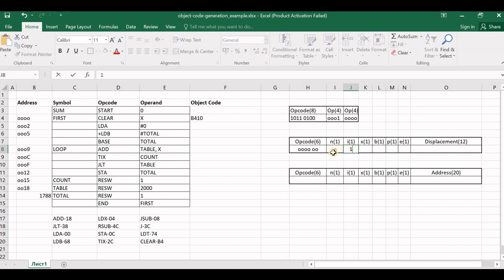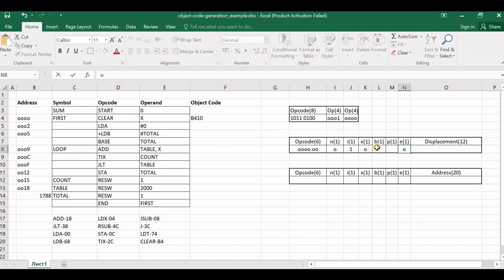So the instruction is not in indirect addressing mode or indexed addressing mode, but it is in immediate addressing mode. Now coming to the X bit, it is not in indexed addressing mode either. The E bit is set to 1 only if the instruction is in format 4. Otherwise it is reset to 0.